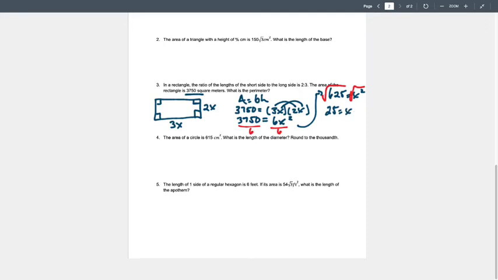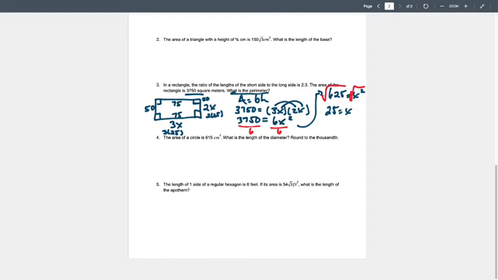So I know this question's asking me what is the perimeter, so I need to know what each of the side lengths are. So if I do 3 times 25, I'm going to get that this side length is 75. Opposite sides are equal, so that's also 75. If I do 2 times 25, I'm going to get that this side over here is 50, and this side over here is 50.